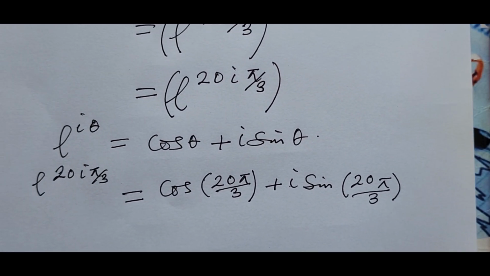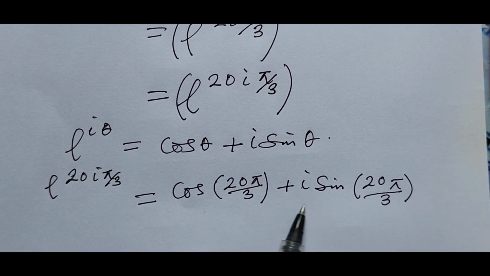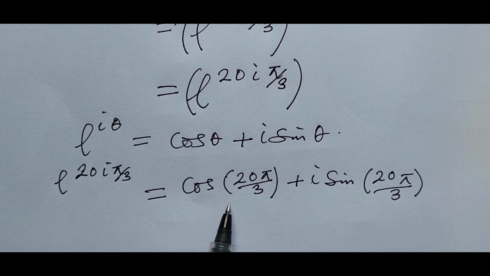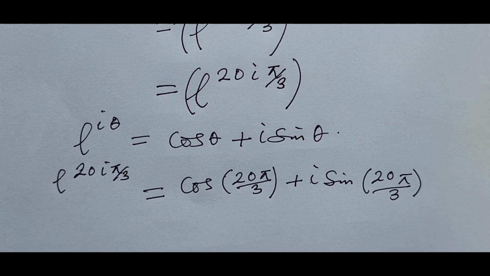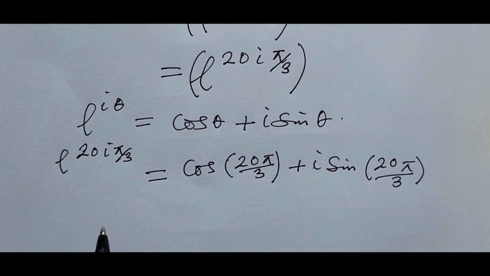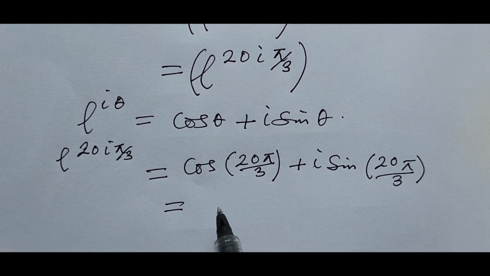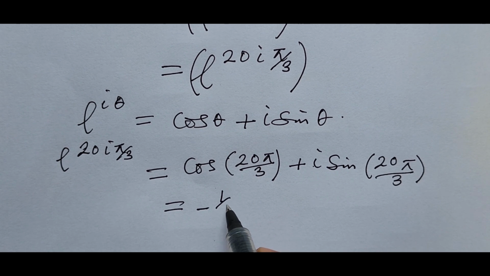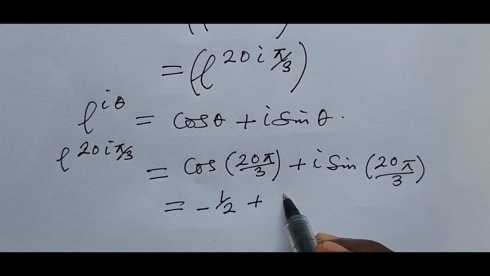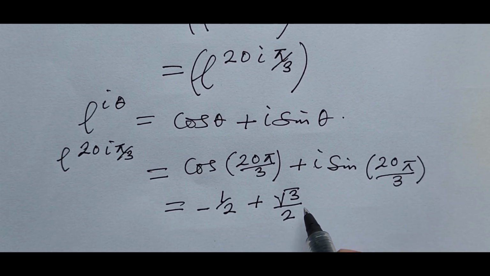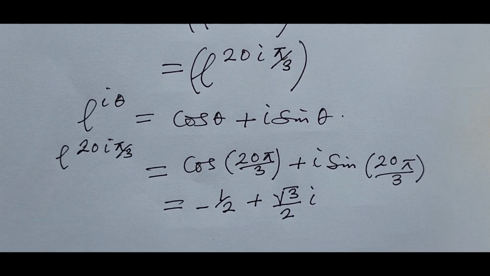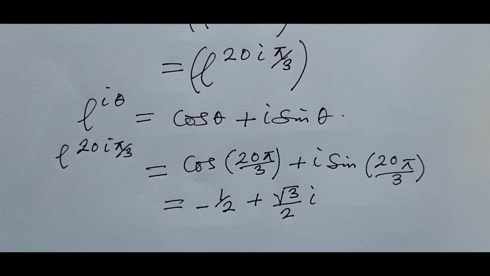Now if we evaluate this, it is going to give minus 1 all over 2, and this is going to give us root 3 all over 2 i. Good. So this will in turn give us minus 1 all over 2 plus the square root of 3 all over 2 i. We can either put the i here or we put it here. It stays the same thing.